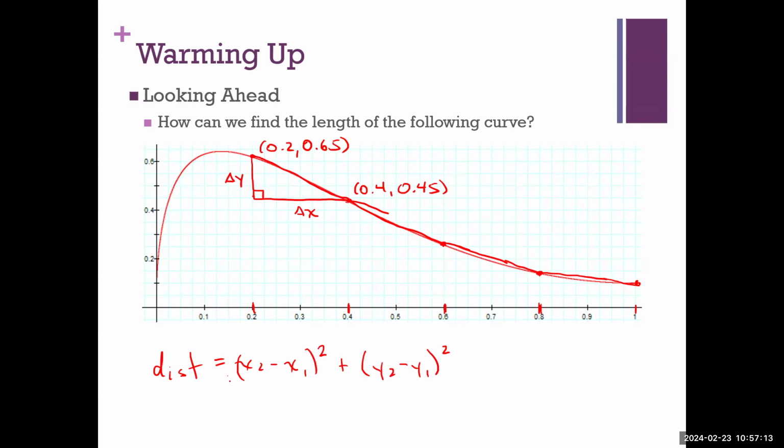So to find the distance, I need to square root that whole thing, right? That gives me the hypotenuse of those triangles. So when I'm asking for the distance there, what I'm really looking at is the hypotenuses of these really small right triangles I'm going to make. So how many right triangles am I going to make for this curve, the way I set it up?